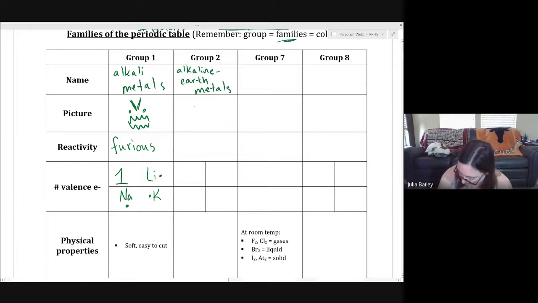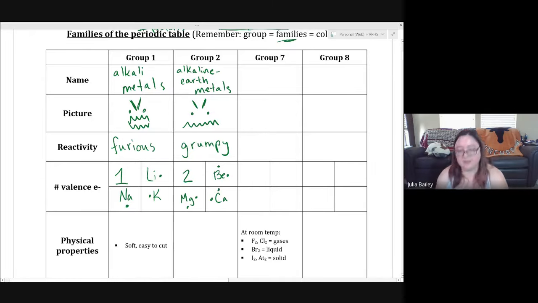Alkaline earth metals are still not super happy-go-lucky, if I were to anthropomorphize them. They're not furious like the alkali metals. They're more like grumpy. They have 2 valence electrons. When you draw those Lewis structures, that means you have one dot on one side, and then you rotate to the next side and put your second dot there.